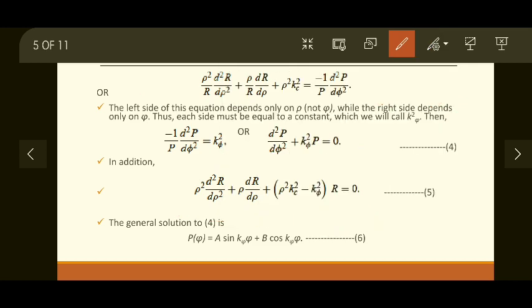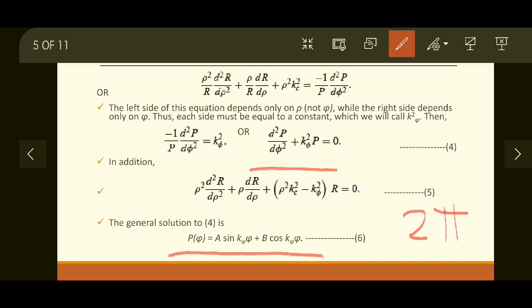Okay, so the general solution to this particular equation is given by P(phi) is equal to A sin k phi phi plus B cos k phi phi. Since phi is an angular coordinate, and an angle is periodic, that means it repeats itself after 360 degrees or 2 pi radians.